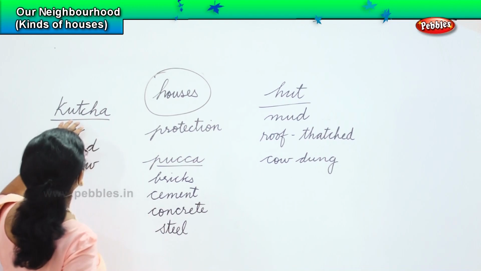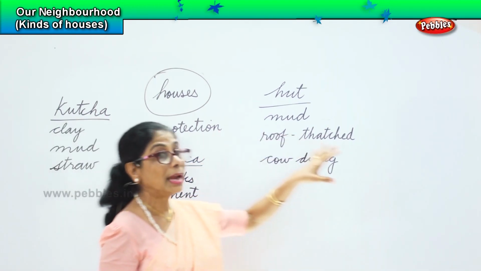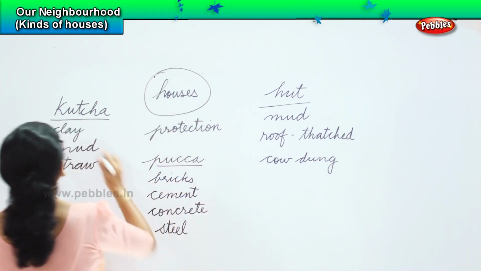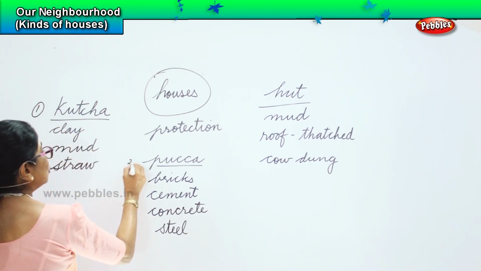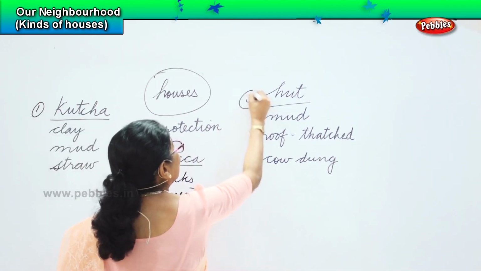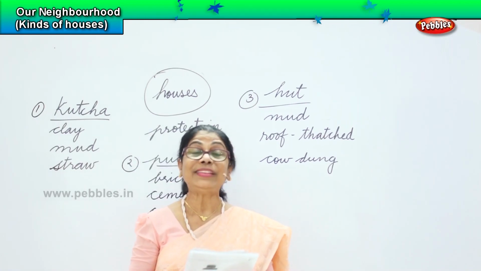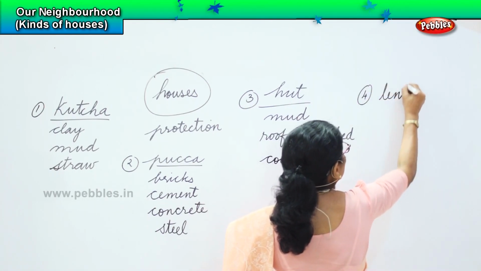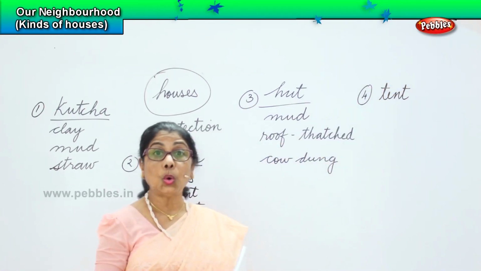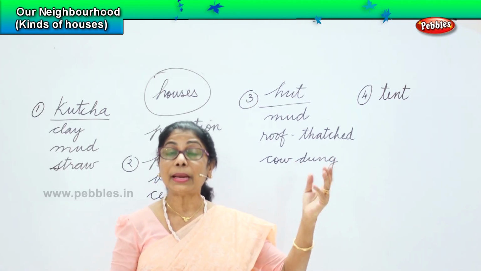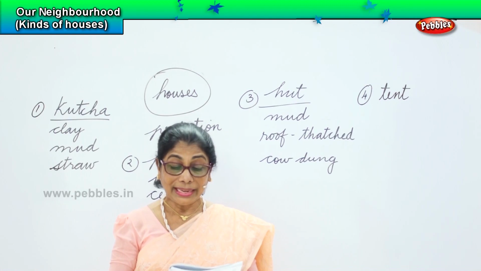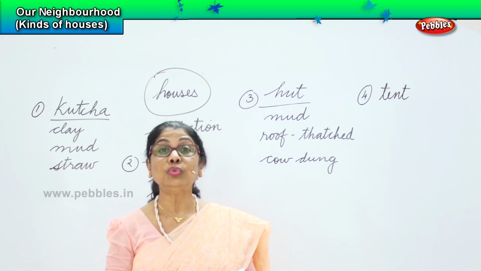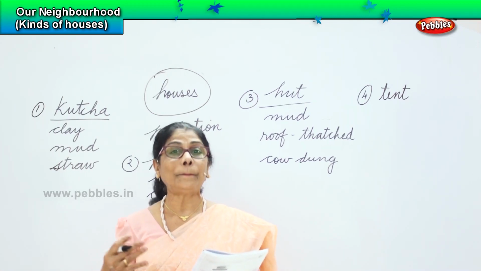Now, we said kacha house, pakka house, and then huts. Now, there are more types of houses. So 1 kacha, 2 pakka, 3 olden days you had huts. Next we have tent, the 4th one. People who go trekking to the mountains, people who go for a short picnic, they take a tent. Girl Guides use tents to live in, to practice.